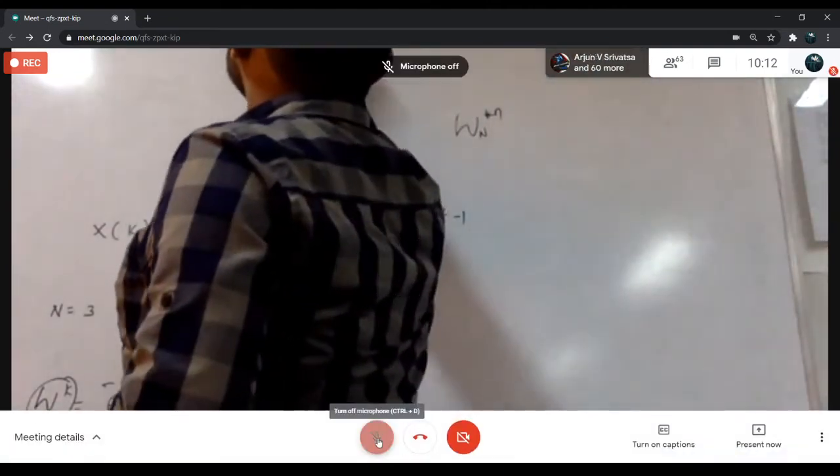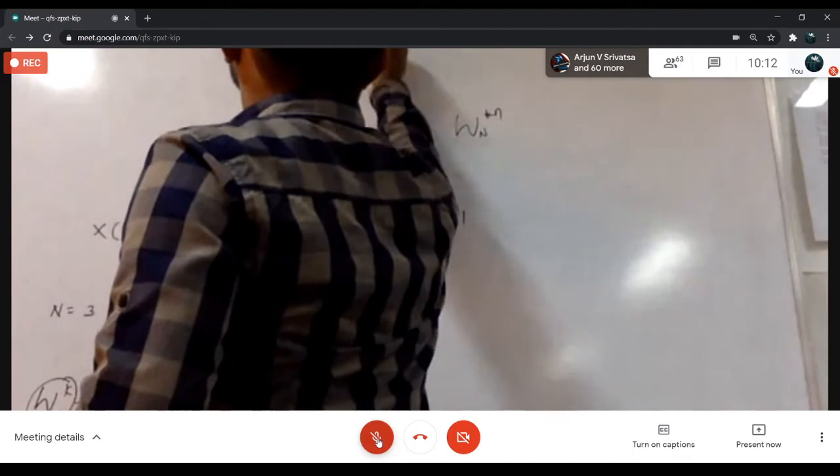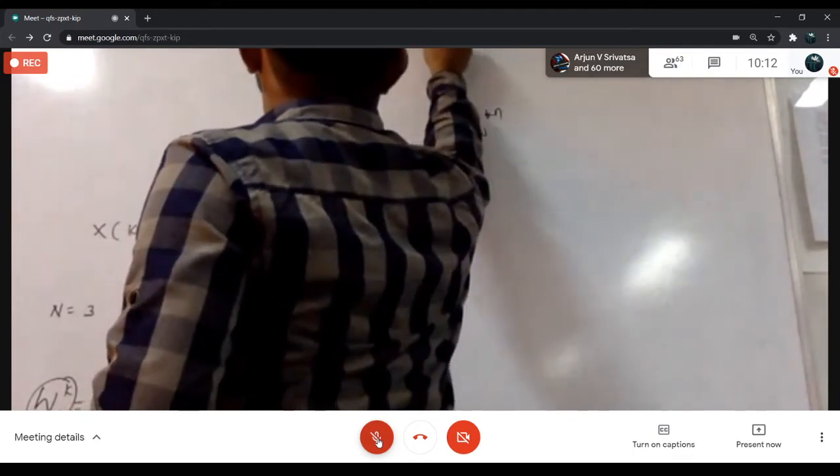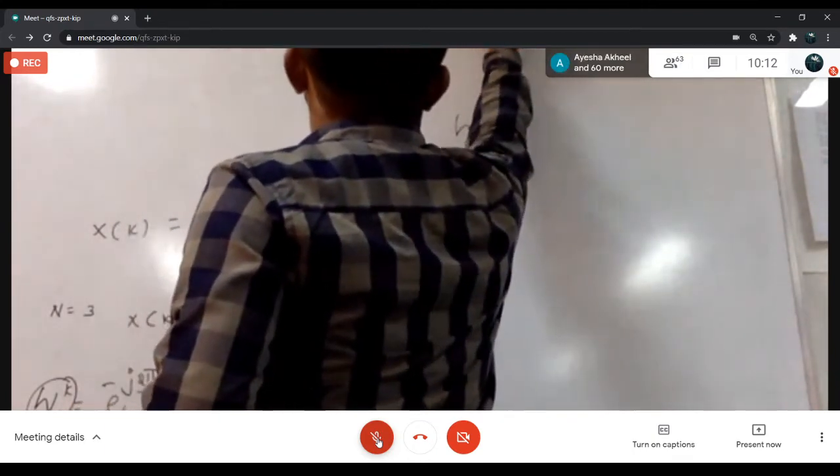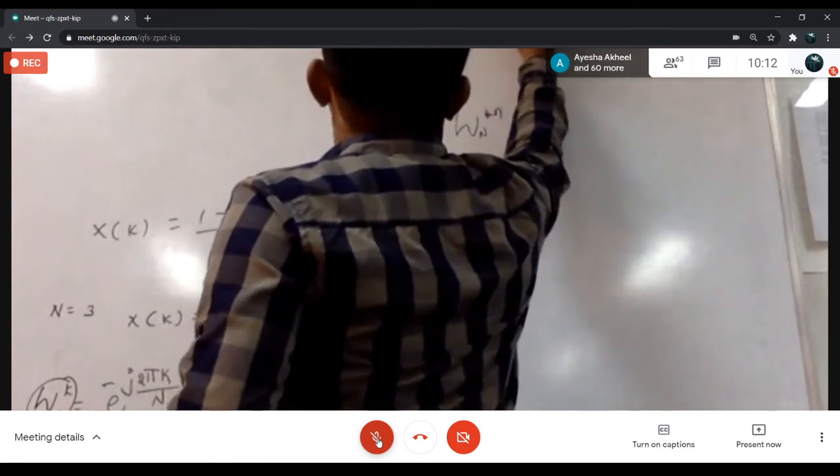x of k, the DFT value, is equal to summation n is equal to 0 to n minus 1 of x of n, okay, e to the power of minus j 2 pi n k divided by n.